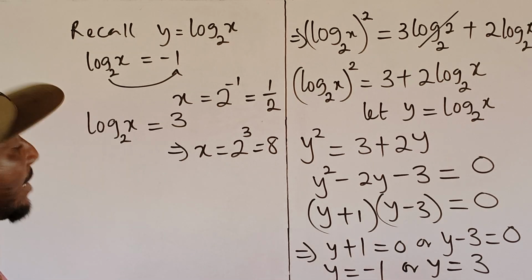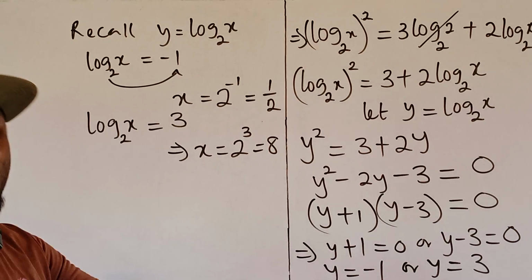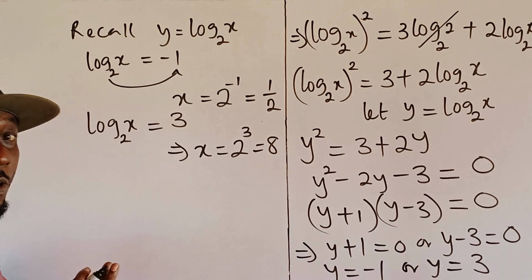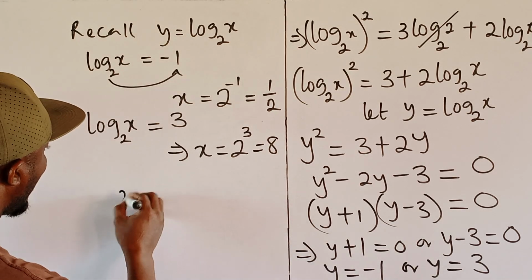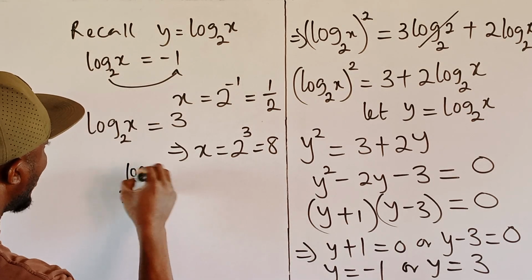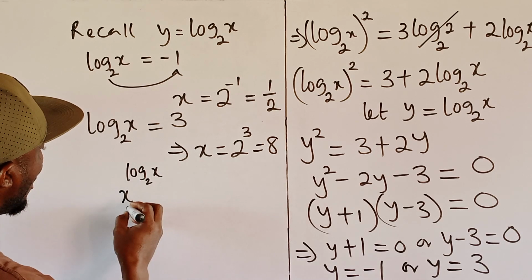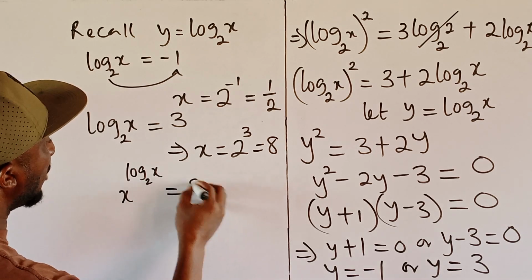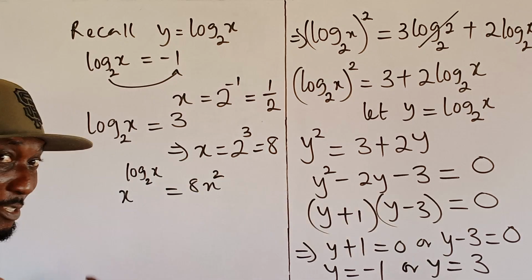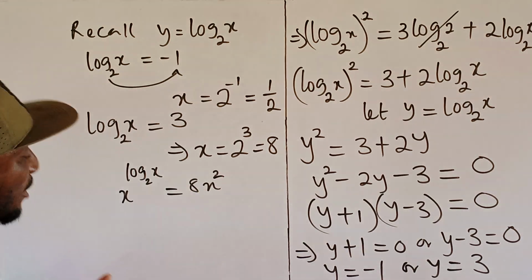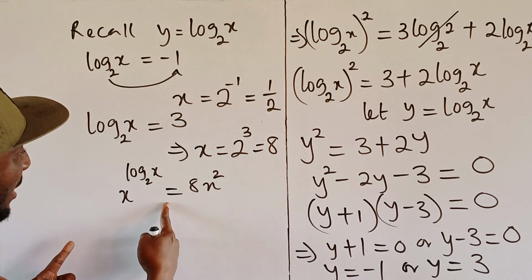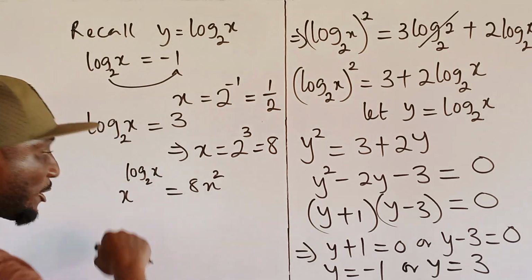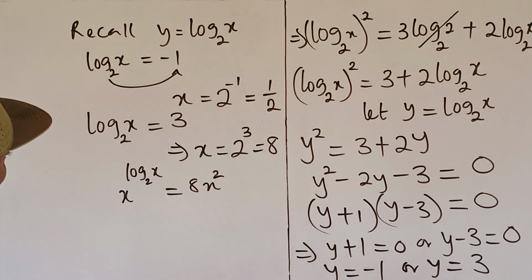So we shall test for extraneous or foreign solutions. I will record the main problem. We have x to the log to base 2 of the argument x, which is equal to 8x squared. What I've just done here is very simple. No need to write divided by x squared. So this form and the original are actually the same.